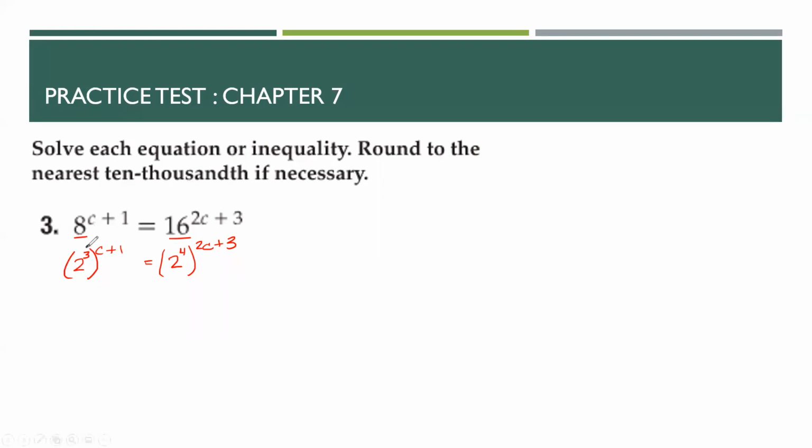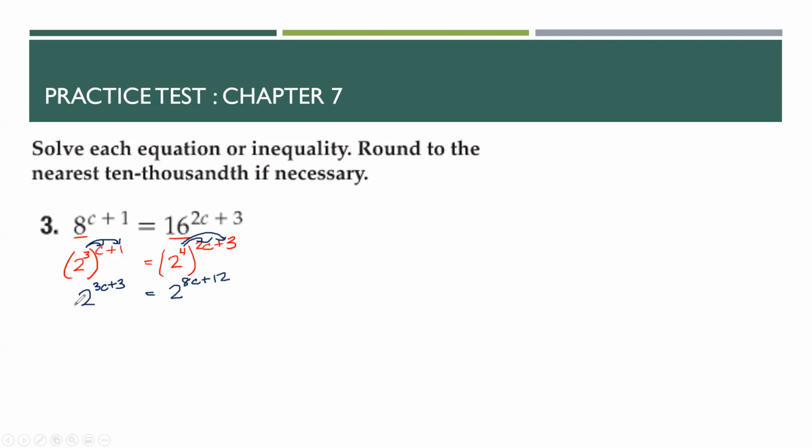So we're basically applying the distributive property here. So this is going to become 2 to the power of 3c plus 3. And over here, same thing, we're going to apply the distributive property. It's going to be 2 to the power of 8c plus 12.